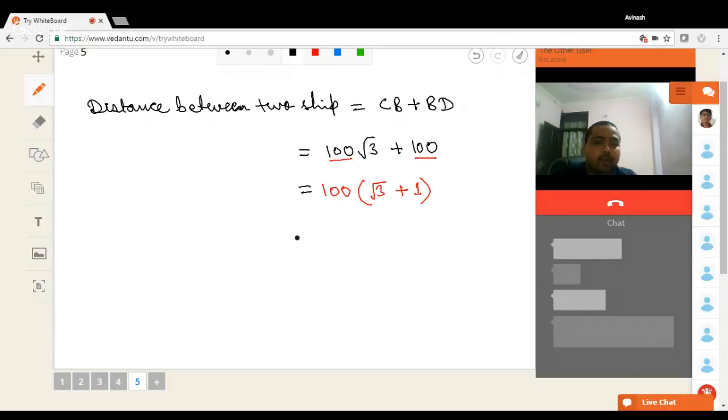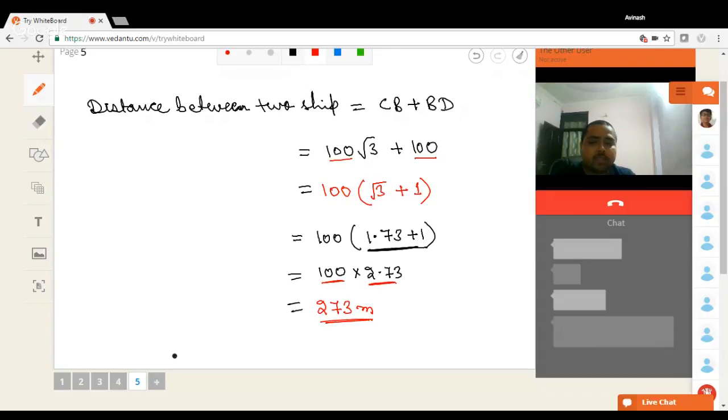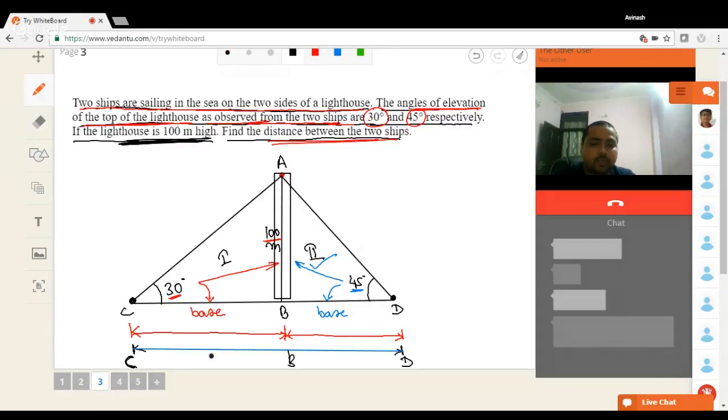And we know very well the value of root 3 is 1.73. So I have written it here, and then we write 100, and when we add them together, it becomes 2.73, and then we have to solve it. So 100 times 2.73 gives us 273 meter. So the distance between the two ships is going to be how much?